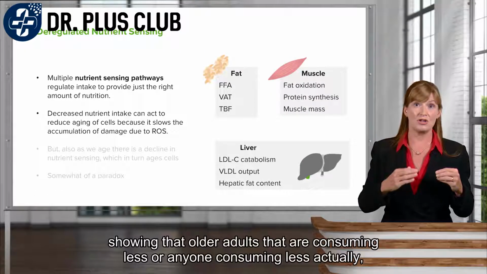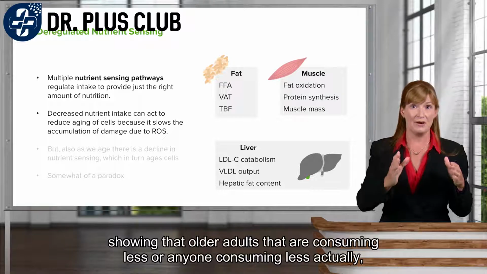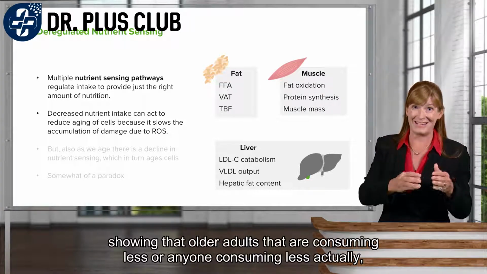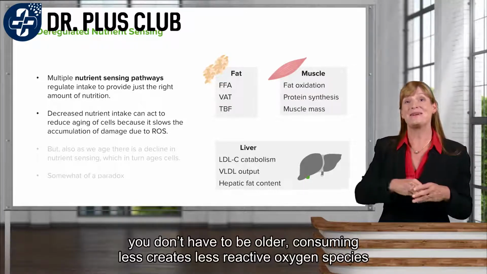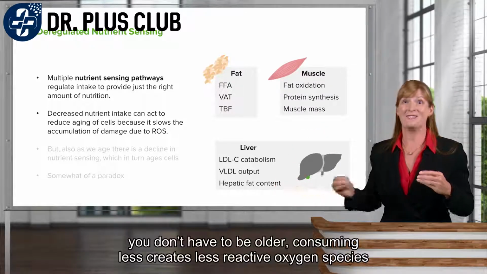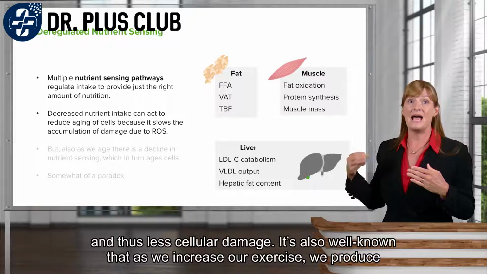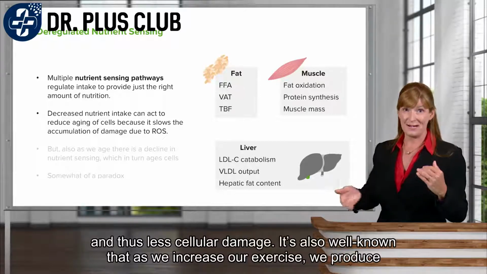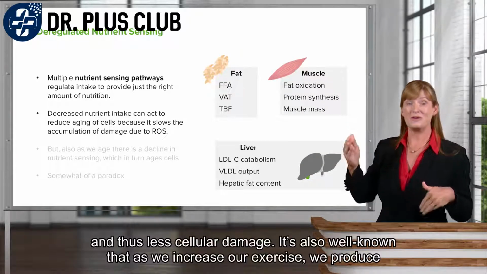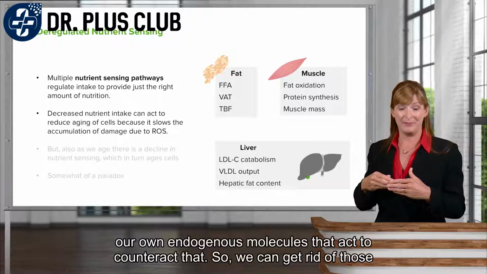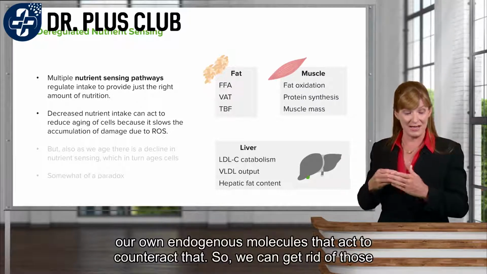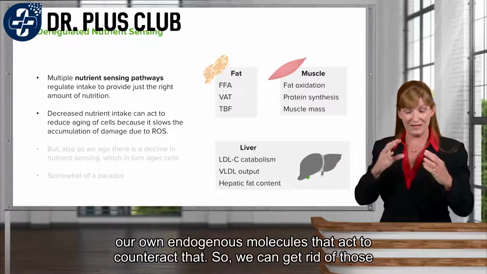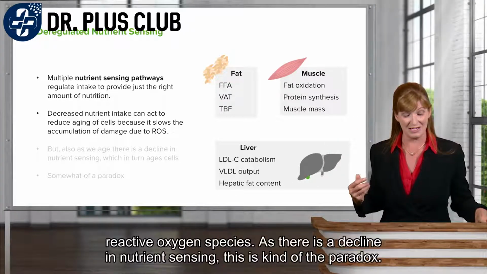There's a lot of research showing that consuming less, and you don't have to be older, creates less reactive oxygen species and thus less cellular damage. It's also well known that as we increase our exercise, we produce our own endogenous molecules that act to counteract that. So we can get rid of those reactive oxygen species.